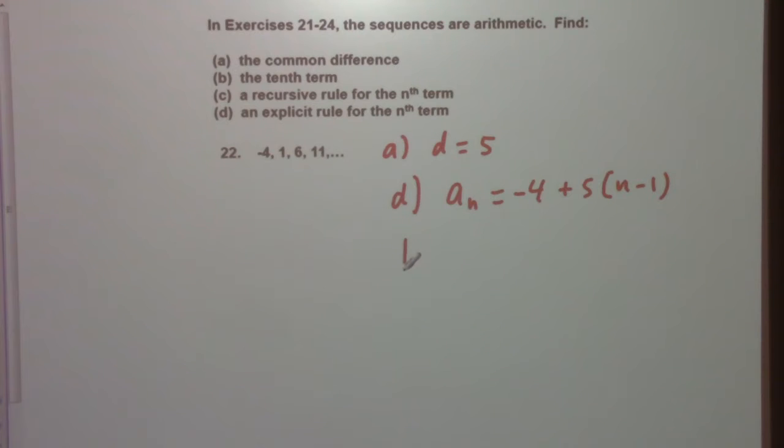And then part B, finally, so we put a sub 10 is equal to 4 plus 5 times 9 is 45, you said? 41?